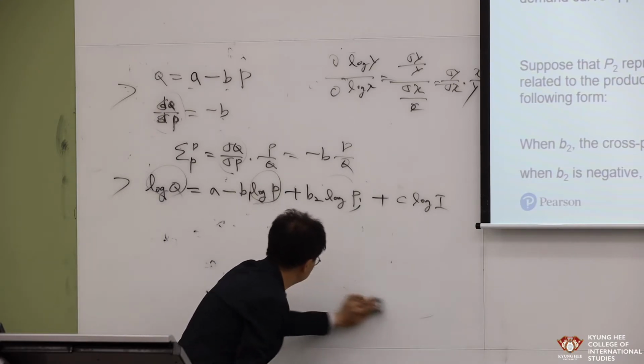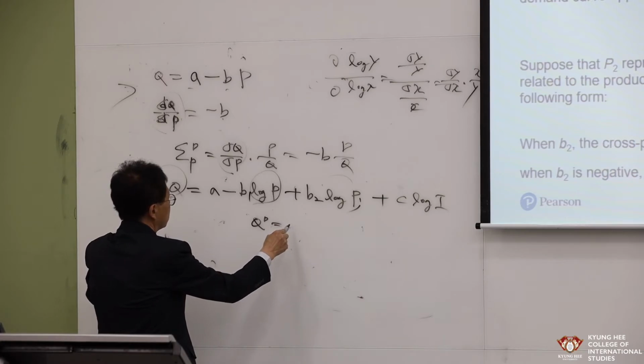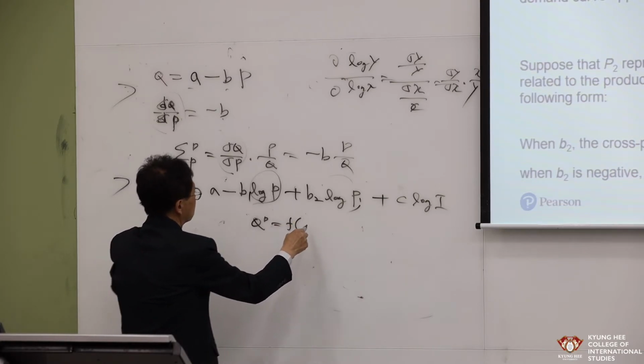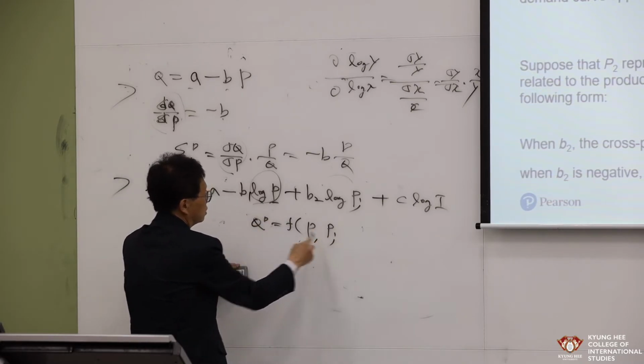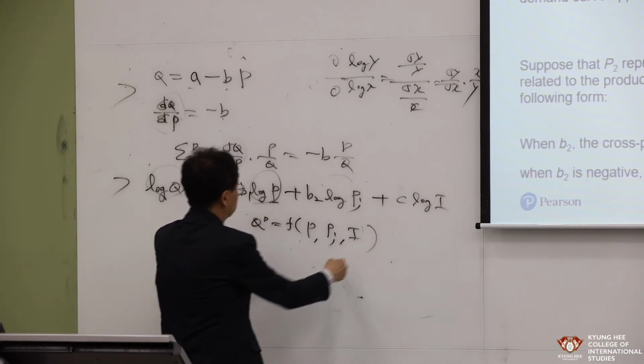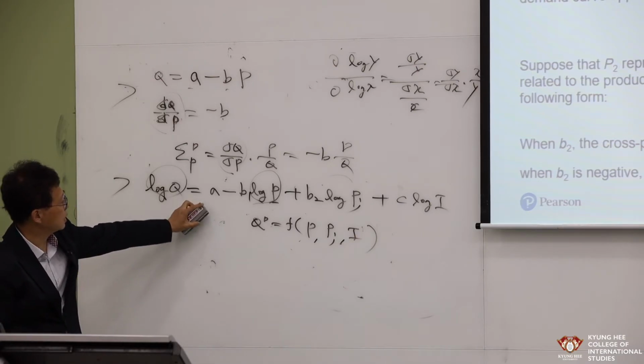That is the specification of this kind of function. Quantitative demand, market demand is a function of its own price, related goods and income. Mathematically specified like this.